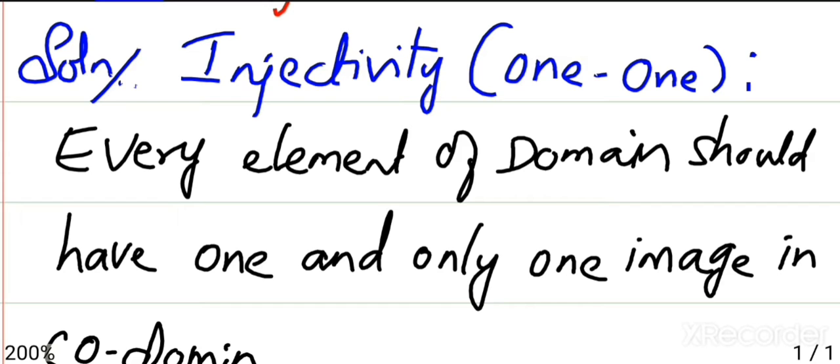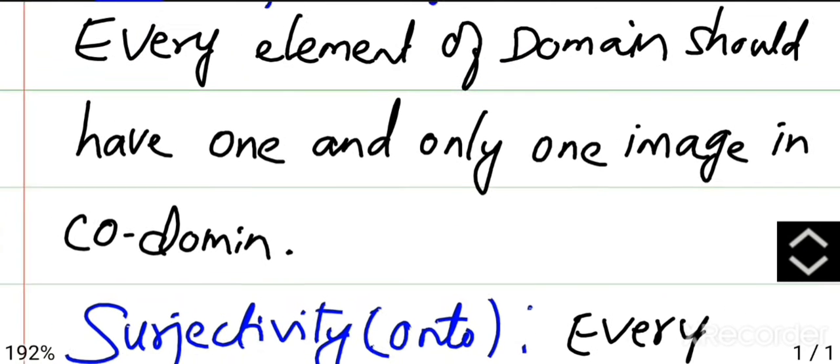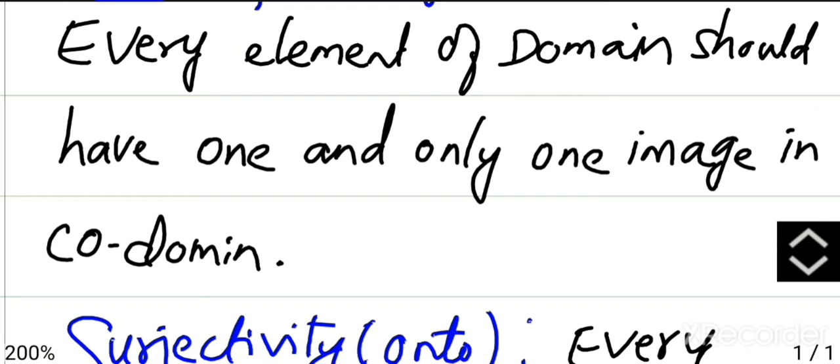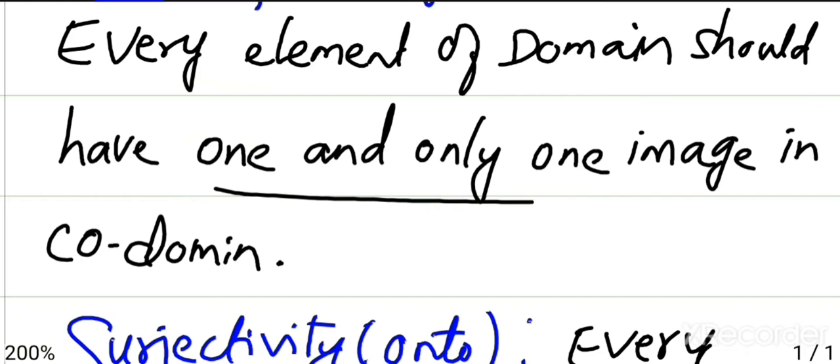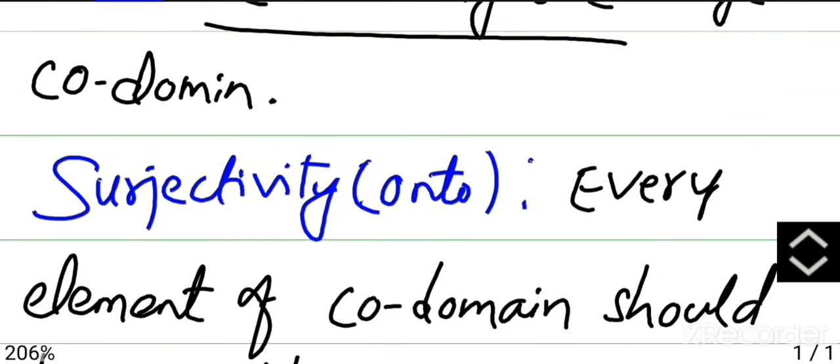Every element of the domain should have one and only one image in the codomain. Focus on this: one and only one image it should have. Then it is called one-one.